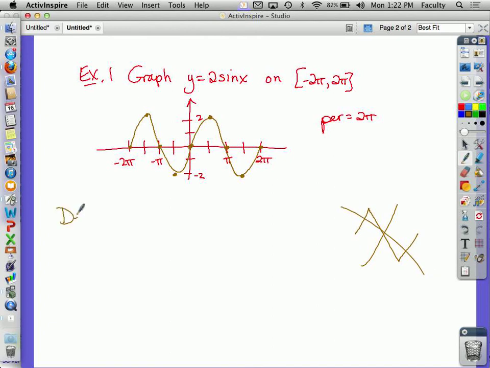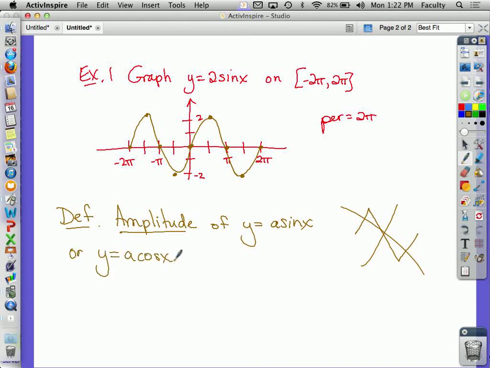All right, so I'm going to give you a definition. The amplitude of y equals a sine x, or y equals a cosine x, is the absolute value of a.